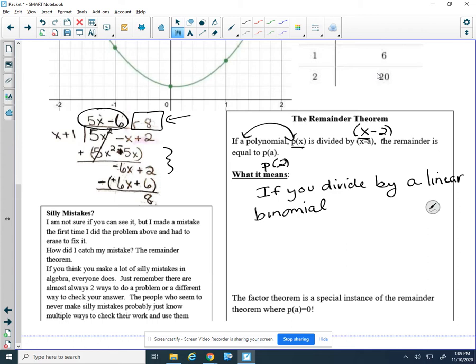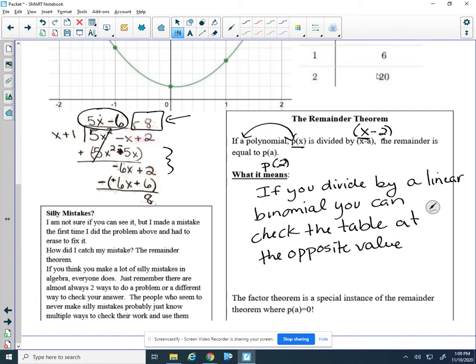By a linear binomial, you can check the table at the opposite value to find the remainder, which will be that y value. So just like we saw on the top one, that 8 was that y value, that was the remainder. Okay, that's basically what we were doing.